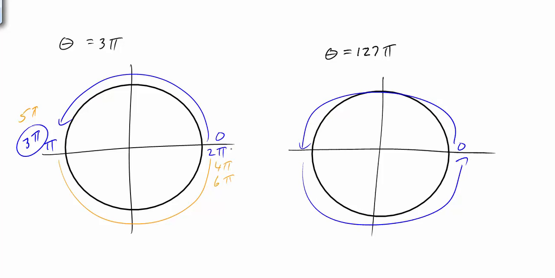But if you notice, what do we see about all these 2 pi, 4 pi, 6 pi over here? And over here we have 1, 3, and 5. If it's an even multiple of pi, a nice even multiple 2, 4, 6, it's going to be over here. So if we notice, our number is odd. So that tells us 127 pi is going to be located here at the same location as 1 pi.